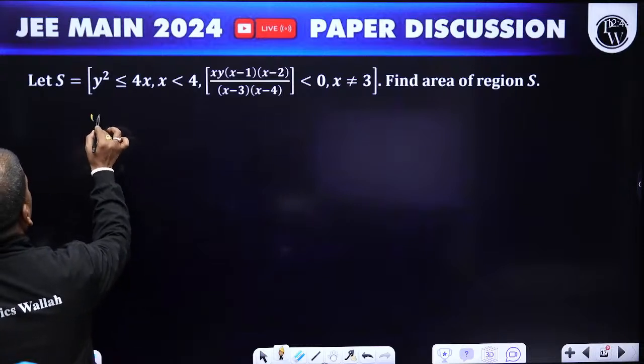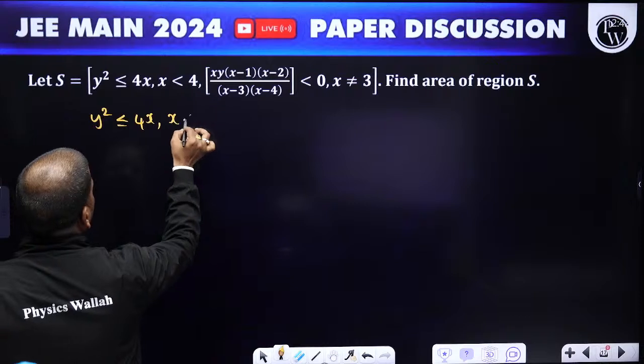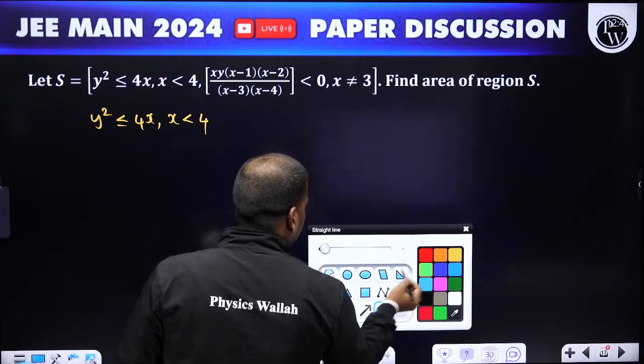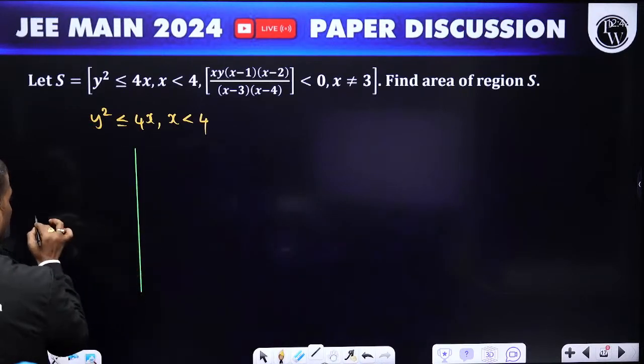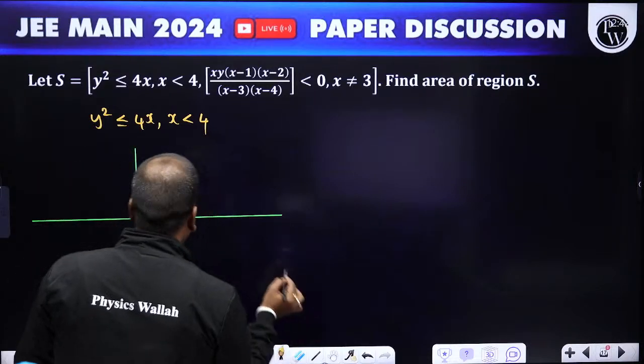Now let us see. y² is less than or equal to 4x, and x is less than 4. Fine, so what is the diagram here? We have a parabola.